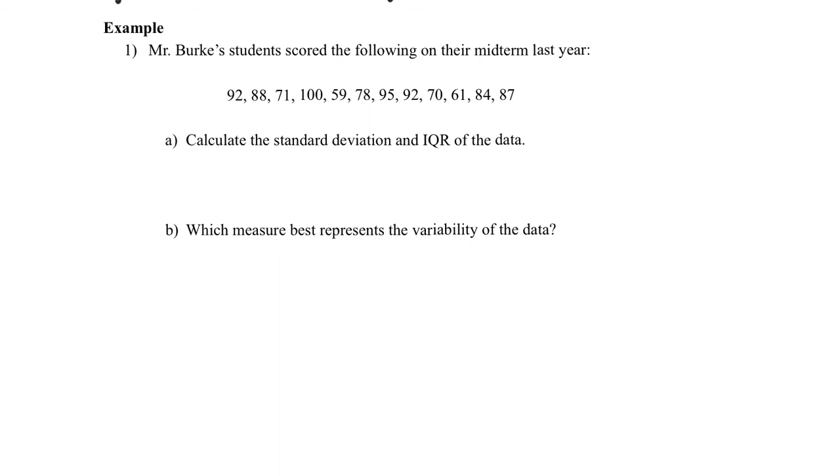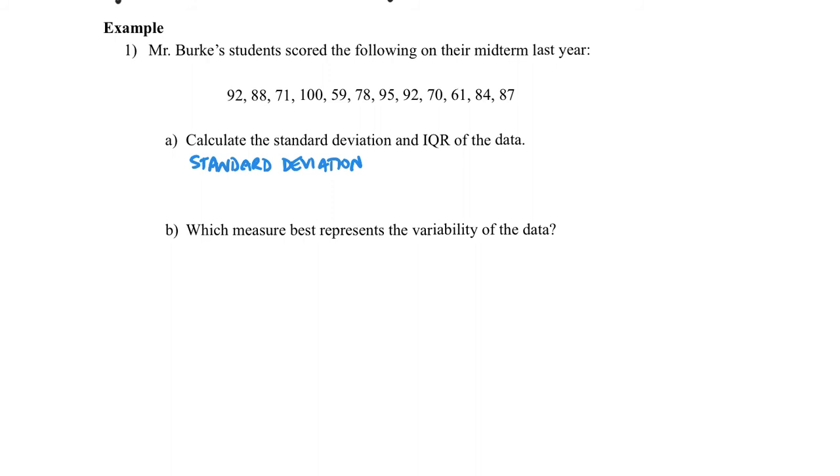All right, so I put the data in my calculator, and now I want to look at one variable stats, just like we were doing before. When I'm looking for the standard deviation, I'm going to write this down. For standard deviation, you want to look near the top.